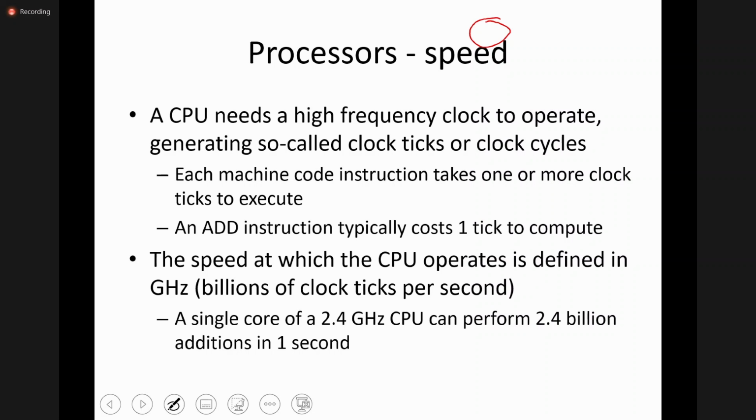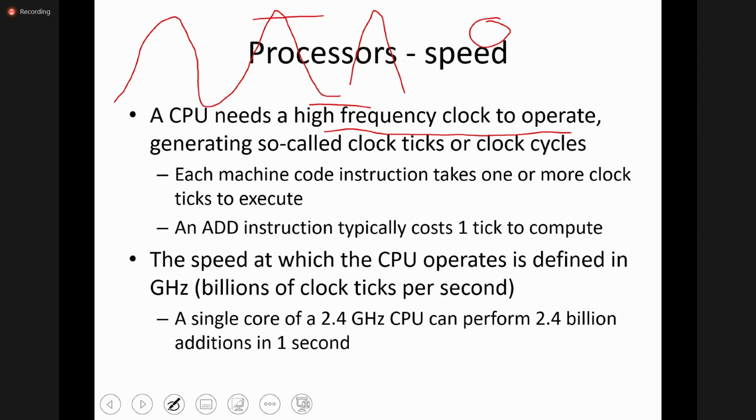This we call speed. So there is a frequency, how many processes should be done at the maximum and the lowest during 1 second. So the speed is measured because we have a frequent clock that is running.